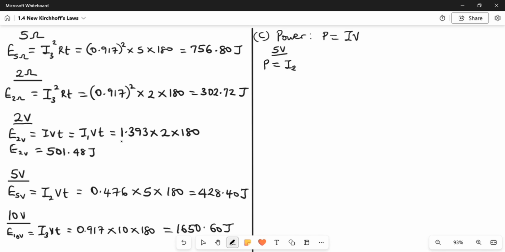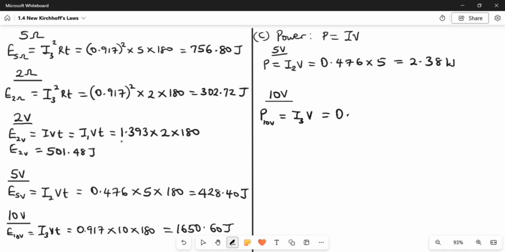So we say I2 times V, which is I2 is 0.476, sorry, times 5. This gives us 2.38 watts. While for I3 we have 0.917 ampere times 10. This gives us 9.17 watts.